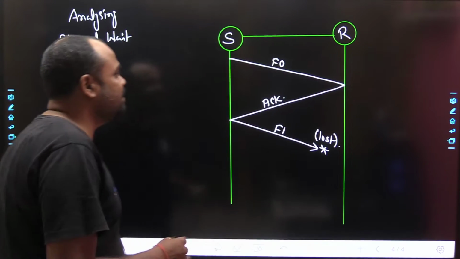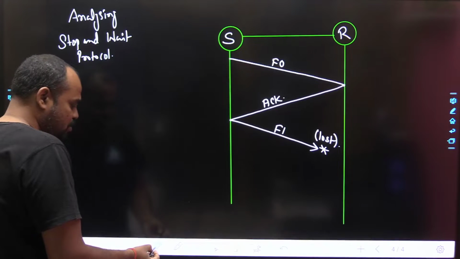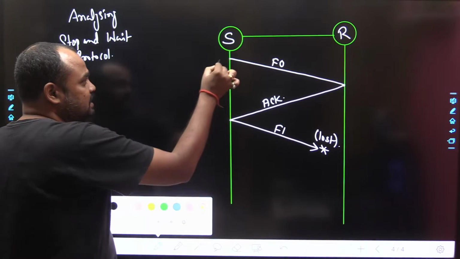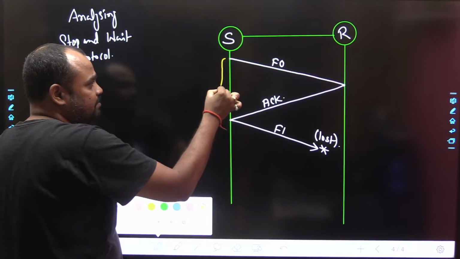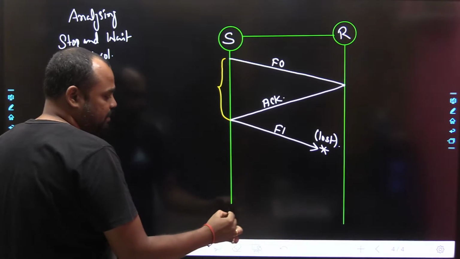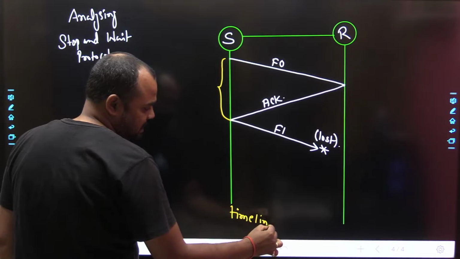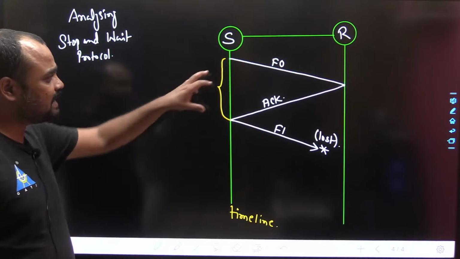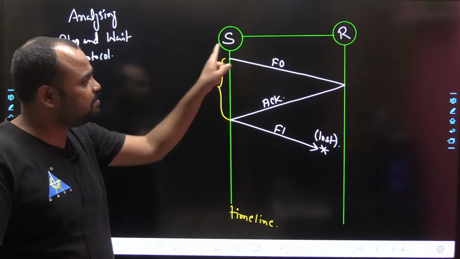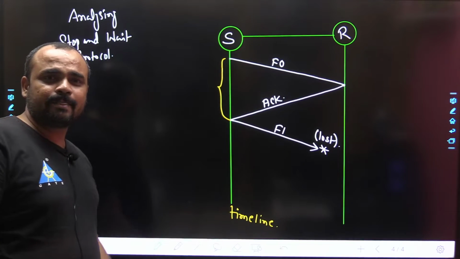So here in the first situation, what we are observing is the total time, because this is showing just a timeline. So this is the total time to send a single frame successfully to the receiver.